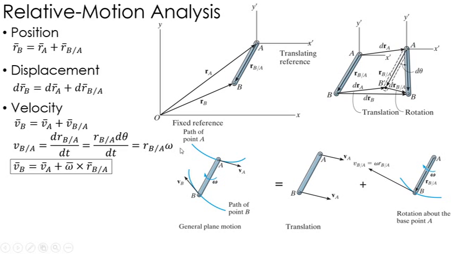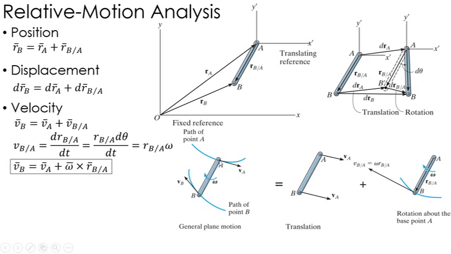Now, in 3 dimensions, we talked about this last time, omega R in 3 dimensions is actually omega cross R. So I can now write the velocity of point B as the velocity of point A plus omega cross RB with respect to A. And what that essentially is my translation.